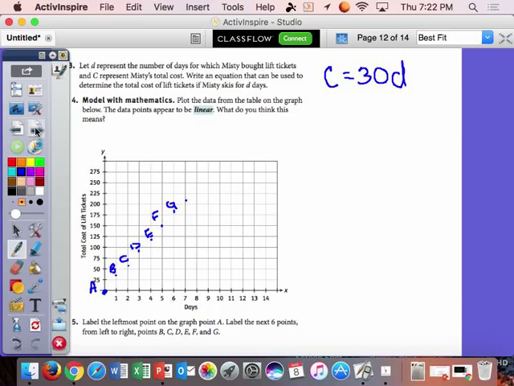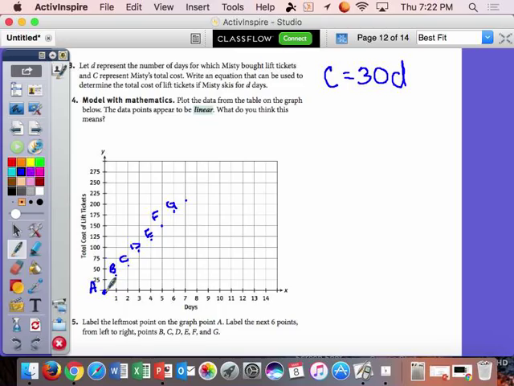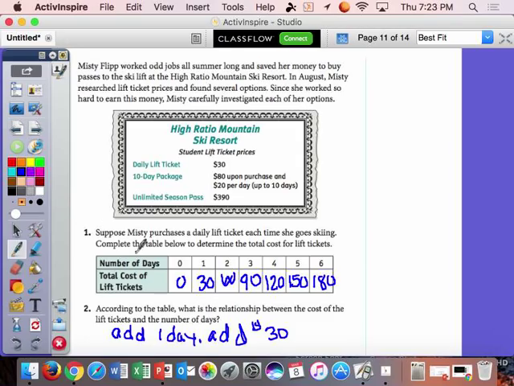All right. So using this graph, it says from A to B, what's the vertical change? Okay? So where is A? A is this point right here. B is this point right here. So to go from here to here, what happens?